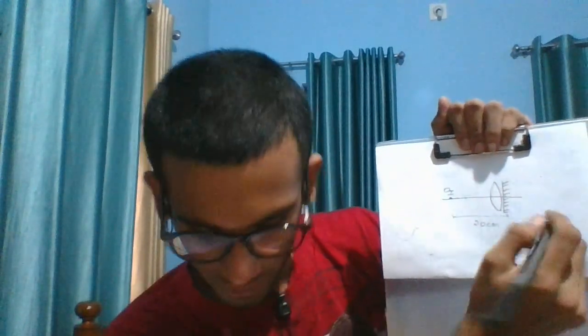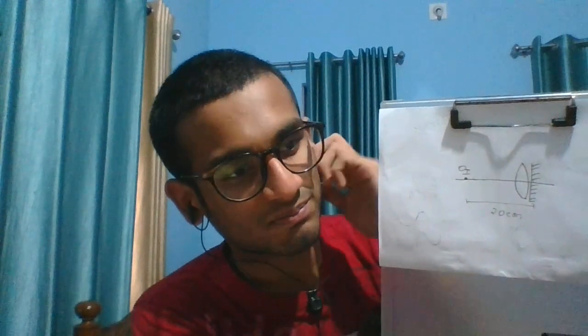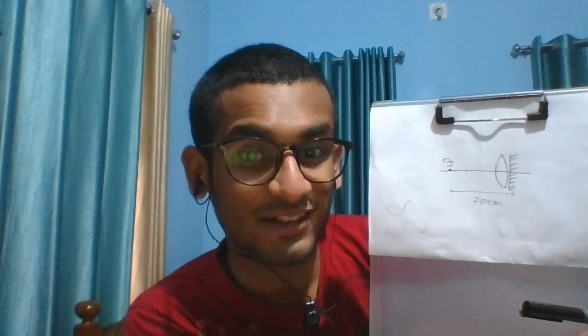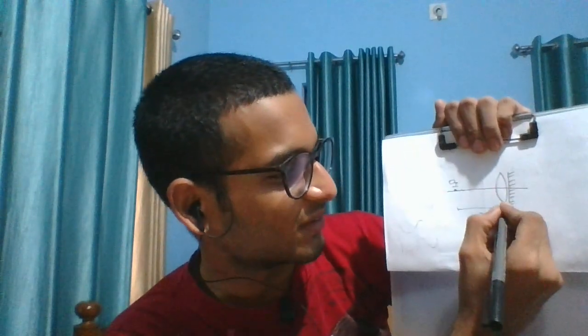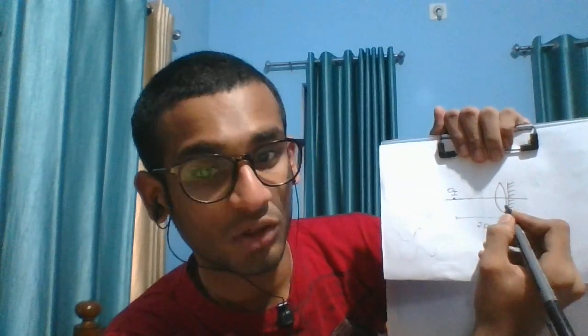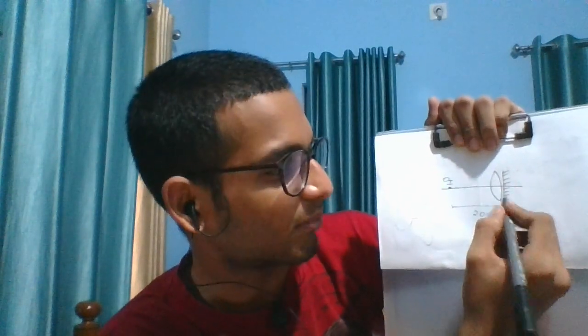So they're asking what is the focal length of the lens. Now how can we find this? You have to understand what's happening here. The combination is of a convex lens and a plane mirror.